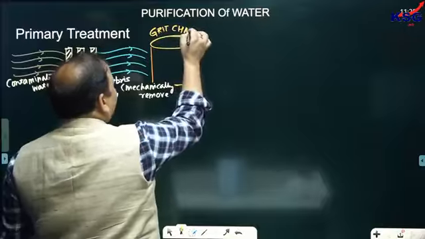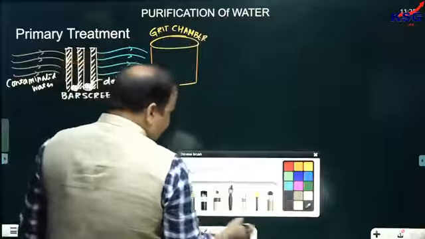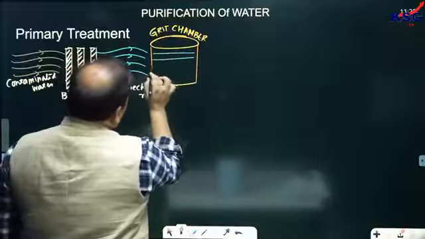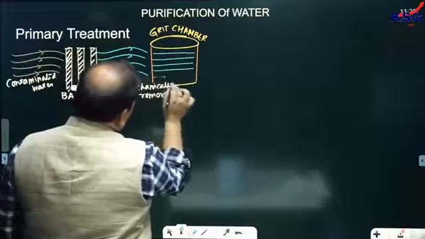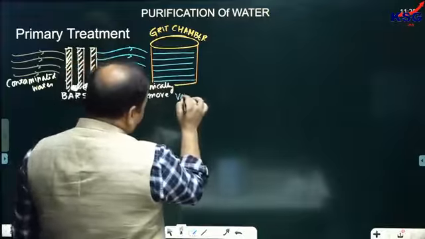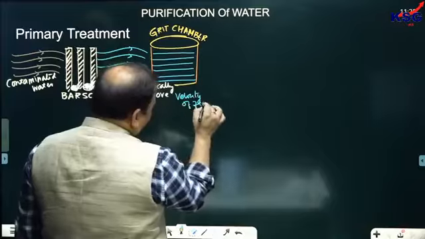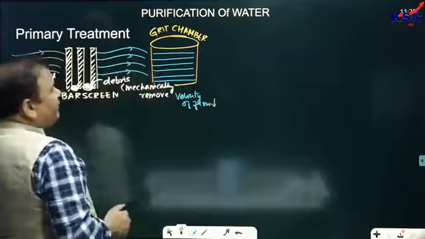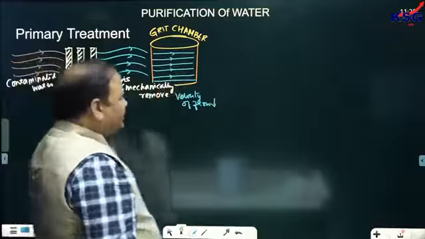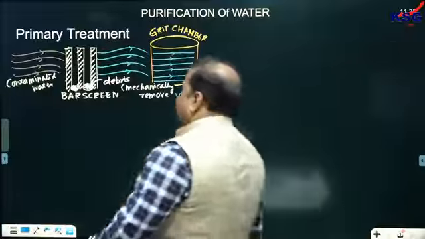Grit in Hindi or Bengali means kichad. So this is passed, and what we are doing is reducing the velocity of its flow. We are not responsible for making this water motionless, but we are responsible for reducing the velocity of flow.